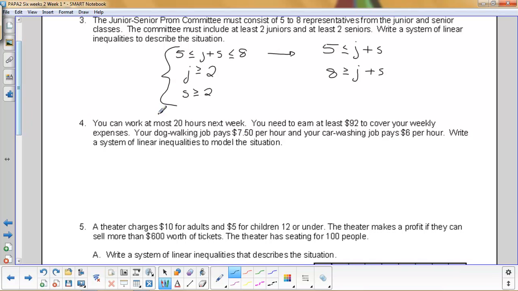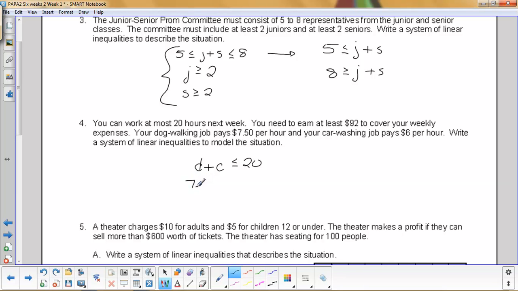Okay, you can work at most 20 hours next week. Means that you will be walking dogs or washing cars, and that must be the most you can work all week. The most tricky part about these problems is facing this symbol the correct way.